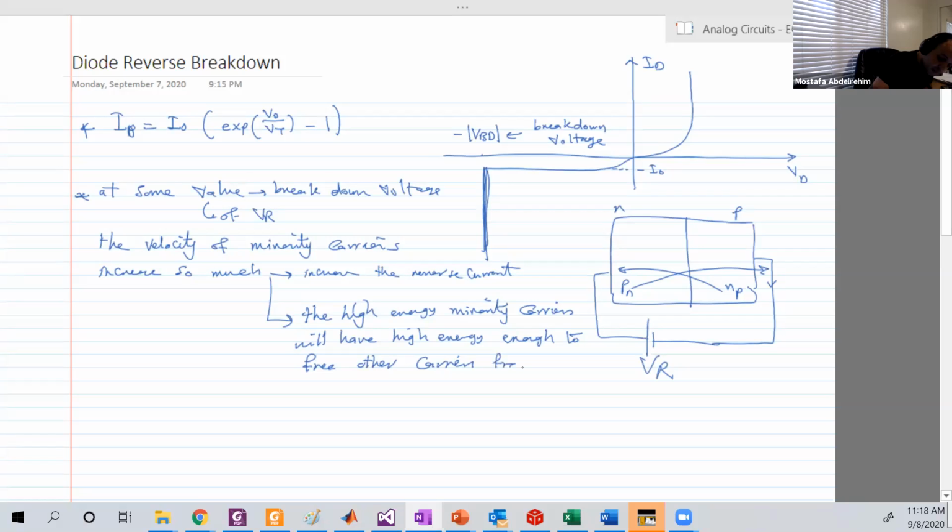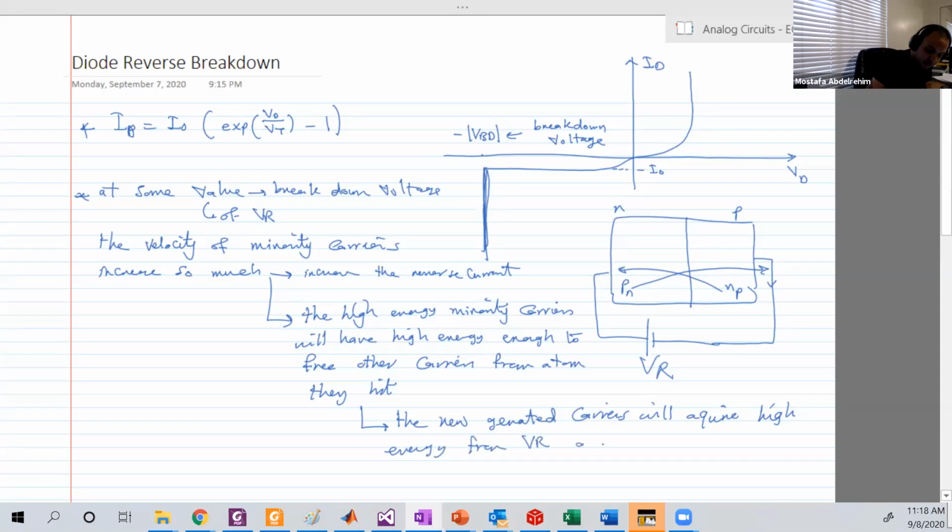The newly generated carriers will acquire high energy from VR, and when they hit other atoms, they will free other carriers, and so on and so forth.